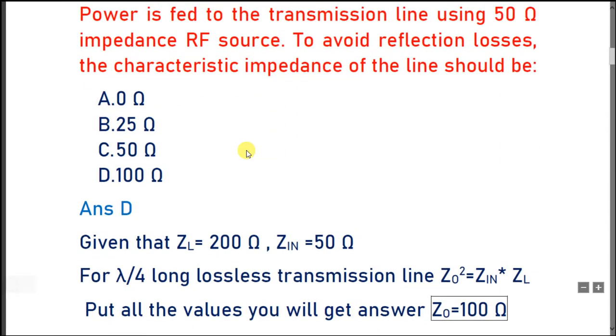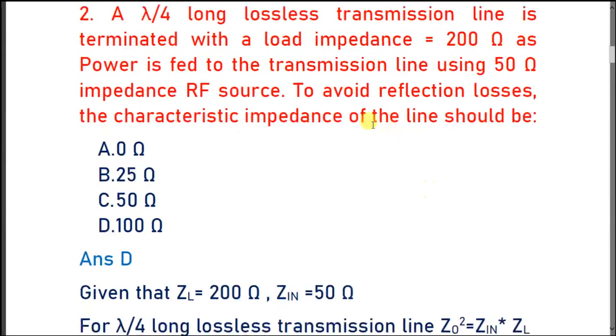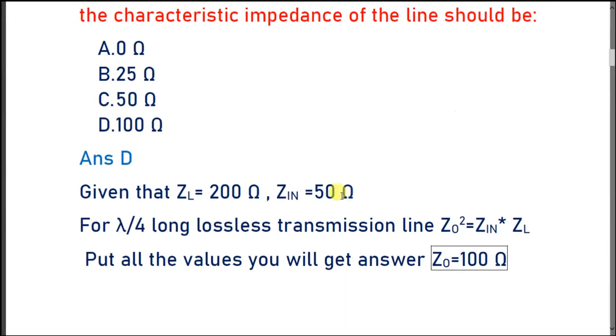So for a lambda by 4 transmission line, you know the equation: Z0 square, the characteristic impedance squared, is equal to Zin multiplied by ZL. Here you have to find Z0. ZL is the load impedance and the 50 ohm RF source is given as Zin. Putting the values of ZL and Zin in this equation, you will get Z0 equal to 100 ohm, and that is answer D.